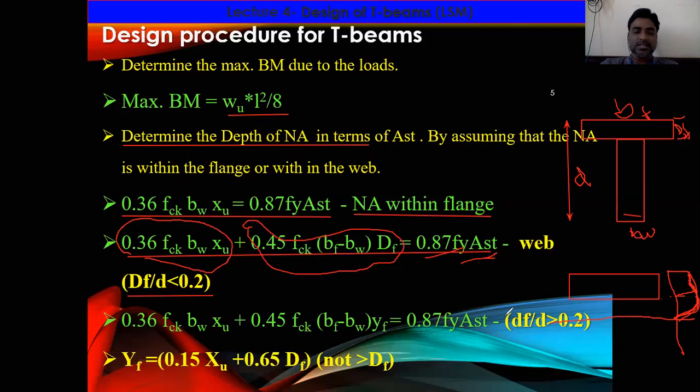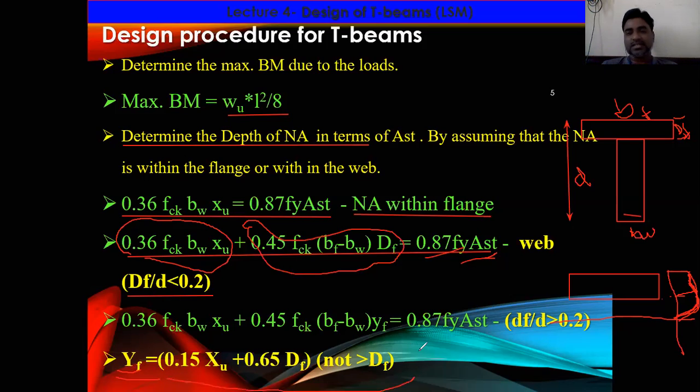So for this, the IS 456-2000 recommends determining the modified thickness of flange, that is Y of F. So as per IS 456-2000, you can calculate the y of f, that is modified thickness of flange, from this equation.